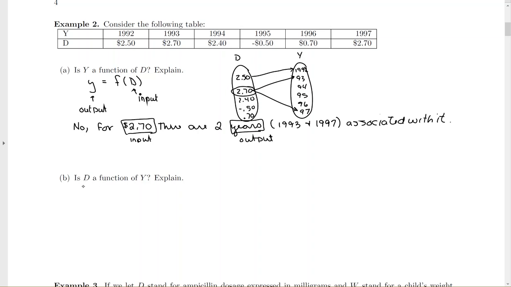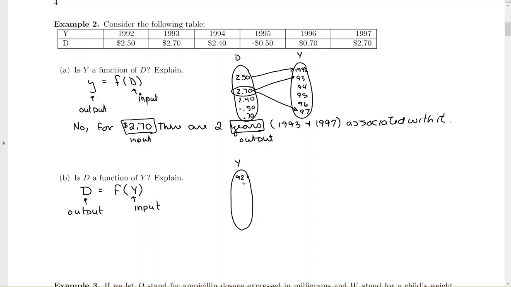So the next part is d a function of y? Notice now d is on the outside, so that's my output. And y is inside the function, that's my input or independent variable. So now when I go draw this up, my input is the y, which are my years.